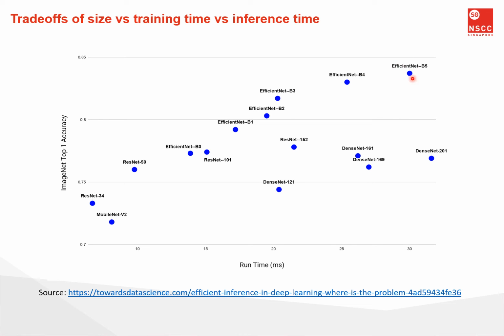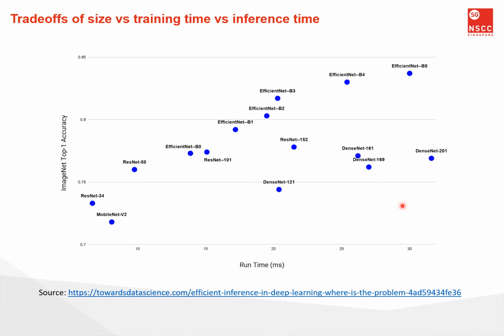And the interesting thing is that the training time is very efficient, but that does not translate into efficiency in terms of the execution time, the inference time, because even though it achieves a very high accuracy, you see that the runtime is pretty large compared with something like ResNet. So EfficientNet is very efficient for training, but when it comes to inference, it takes up more time, though it does achieve a very high level of accuracy for this amount of inference time.